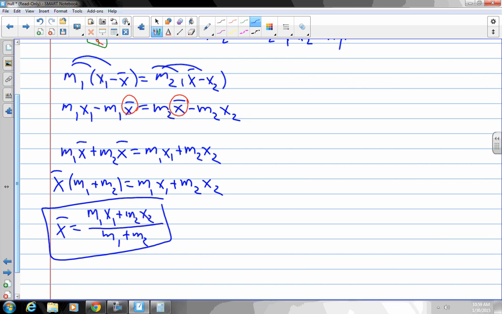So the denominator here would be the total mass of the system. And here you have the moments with respect to the balancing point. So this is just a two-dimensional case, by the way, right?